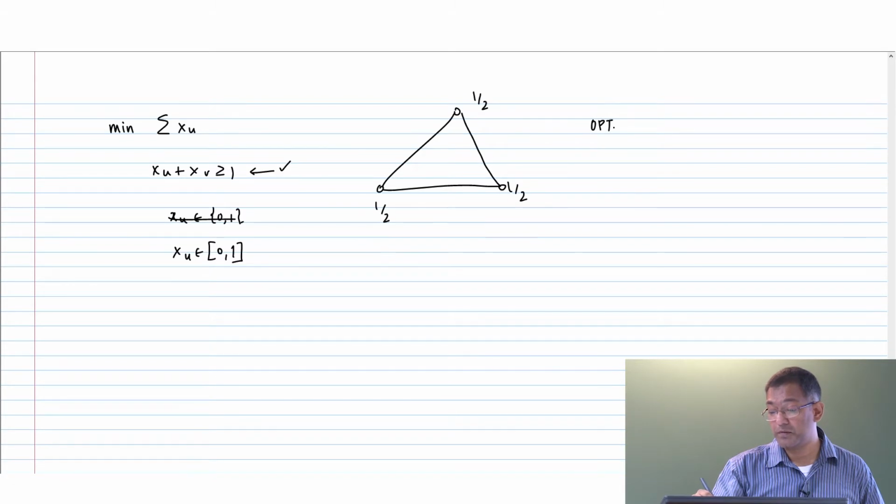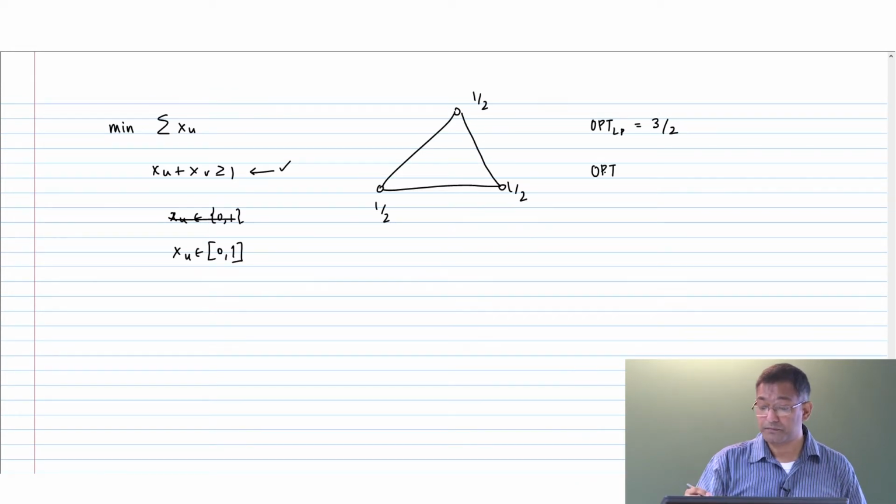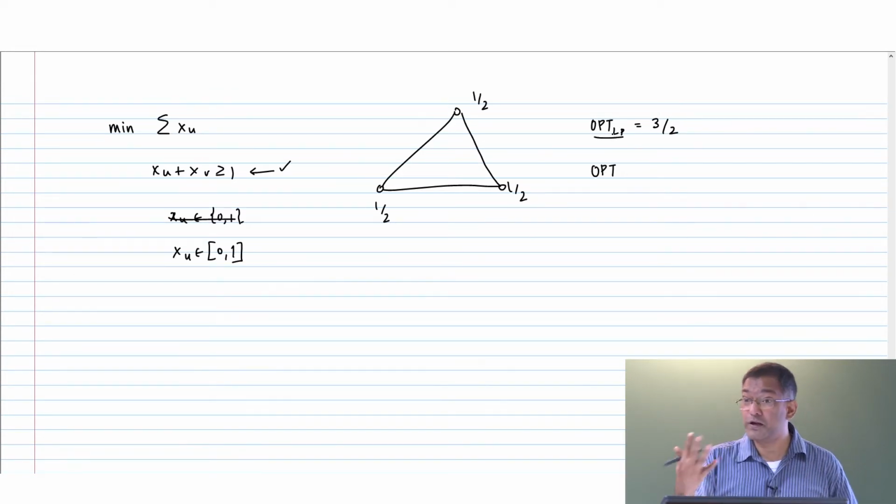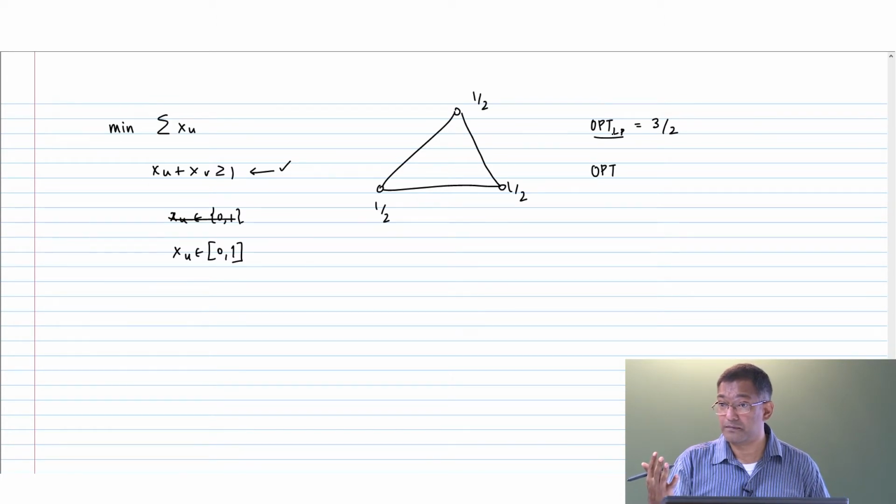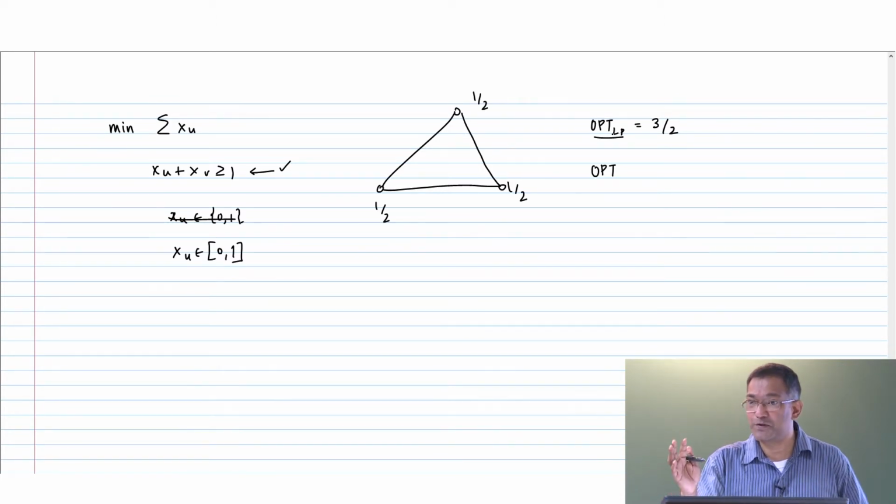In fact, this is optimal. You can show this is 3/2. 3 times 1/2, 3/2. But what is the optimal solution for the integer program? I mean, I am claiming it is an optimal solution, but it is a feasible solution to the linear program.